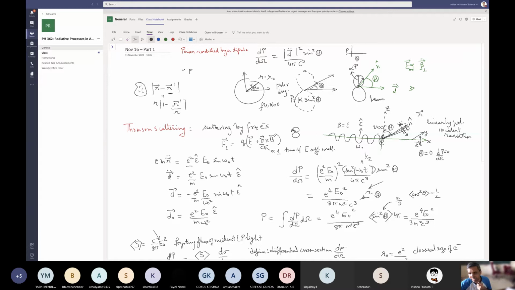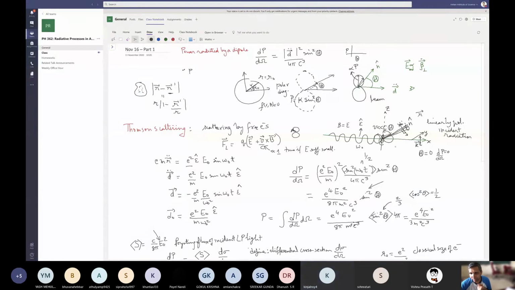So if you're looking from the y hat direction, what do you see? Student: There will be a figure 8 structure, right? The peak is around x cap. Yes, along x cap.